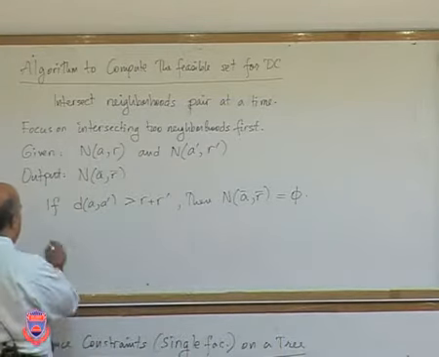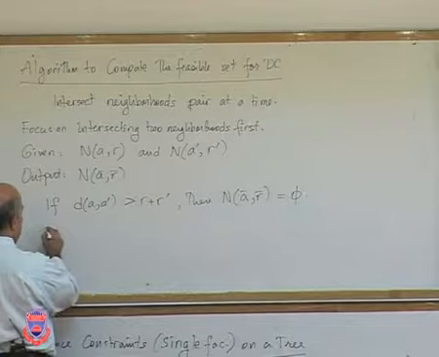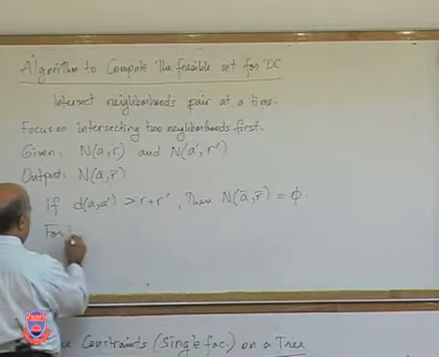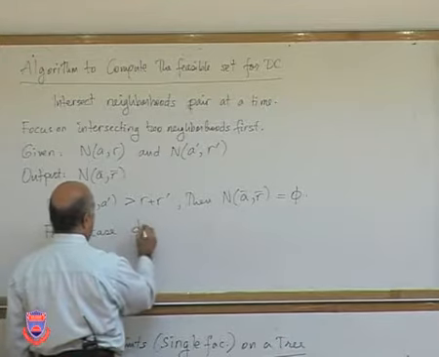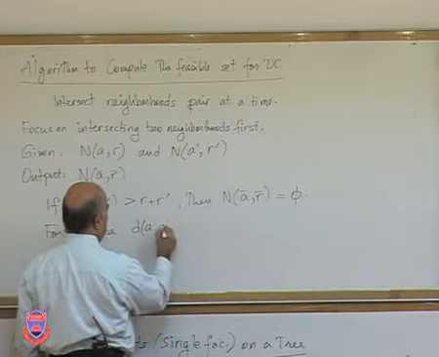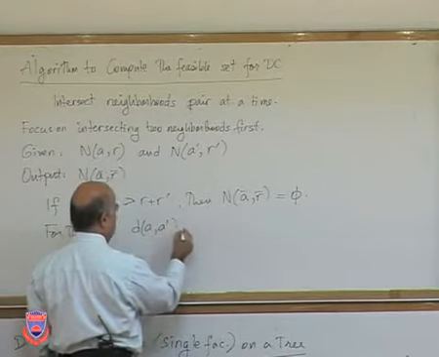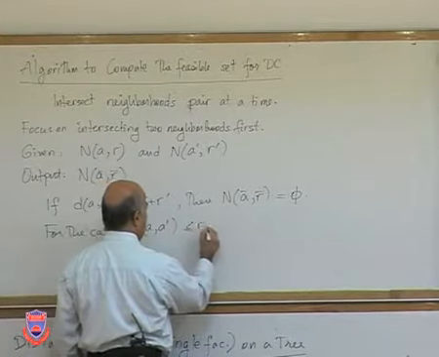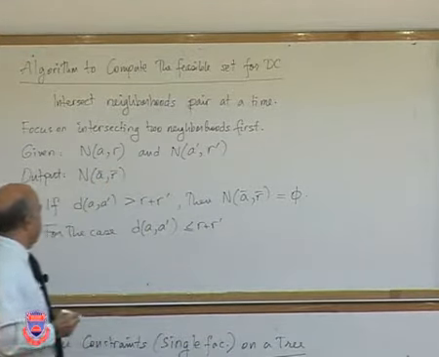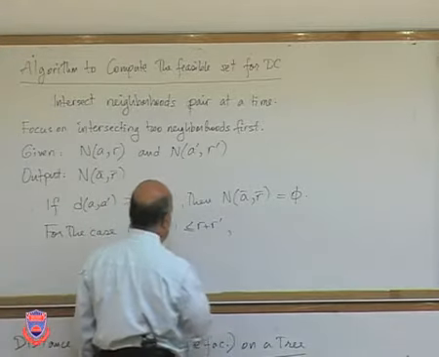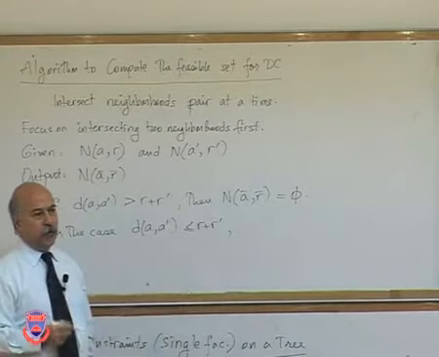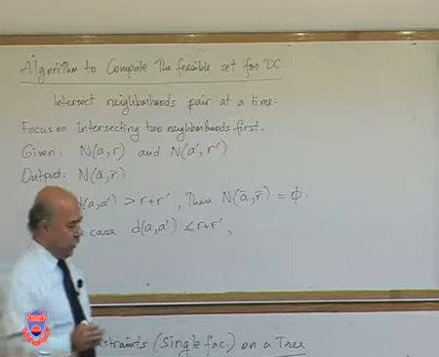All right. For the other remaining case, which is the distance less than or equal to R plus R prime, we need to know how to compute A bar and also R bar.